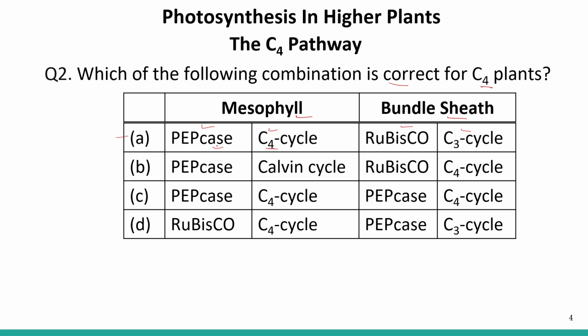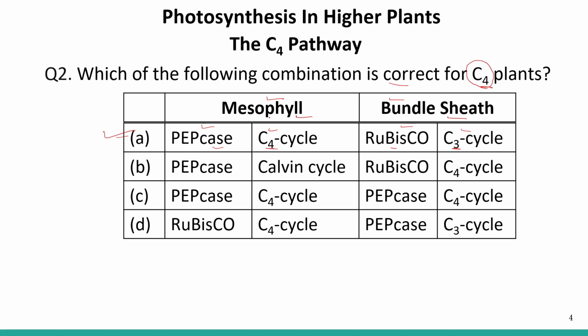Yes, and PEP carboxylase is present in the mesophyll cells. Then Rubisco is related to the C3 cycle, and Rubisco is present in the bundle sheath cells. They are asking which combination is correct for C4 plants.